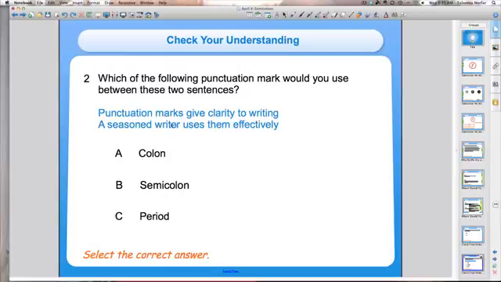Again, punctuation marks give clarity to writing. A seasoned writer uses them effectively. So which of the following punctuation marks would you use between these two sentences? Unpause the video when you're done. You got it. It was a semicolon.